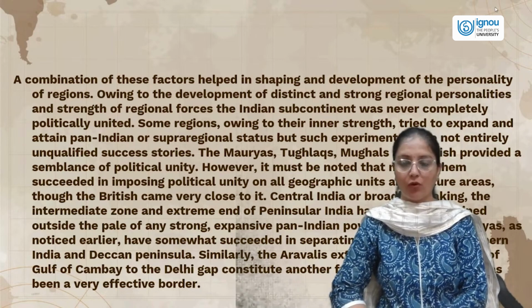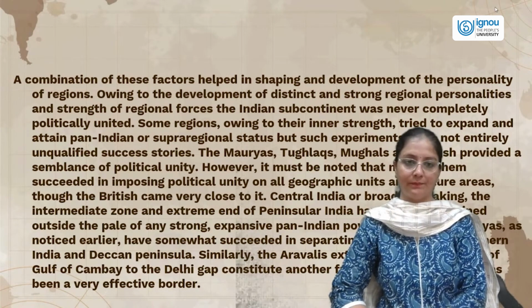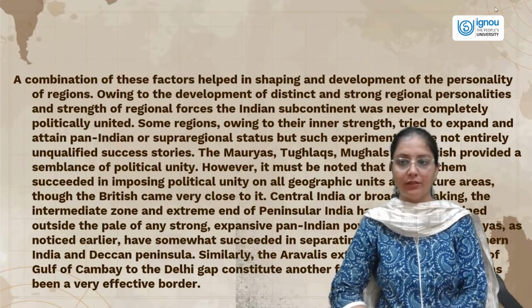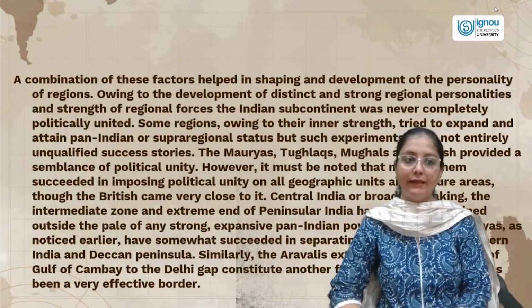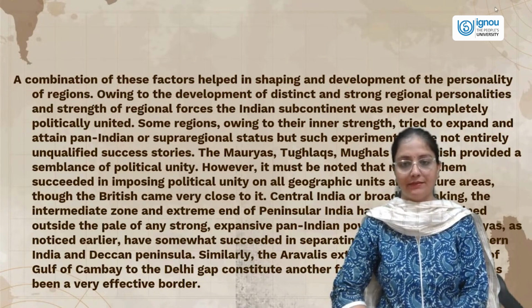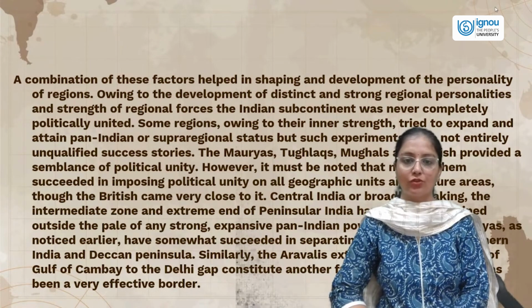The Indian subcontinent was never completely politically united. Some regions, owing to their inner strength, tried to expand and attain pan-Indian or super-regional status, but such experiments were not entirely unqualified success stories.